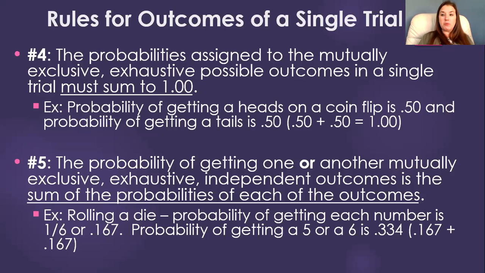This is the one that we'll use to do some math for this lesson. If we want to know the probability of getting one outcome or another outcome, we figure that out by adding together the probability of getting this outcome and the probability of getting that outcome, and that tells you the probability of getting one or the other.